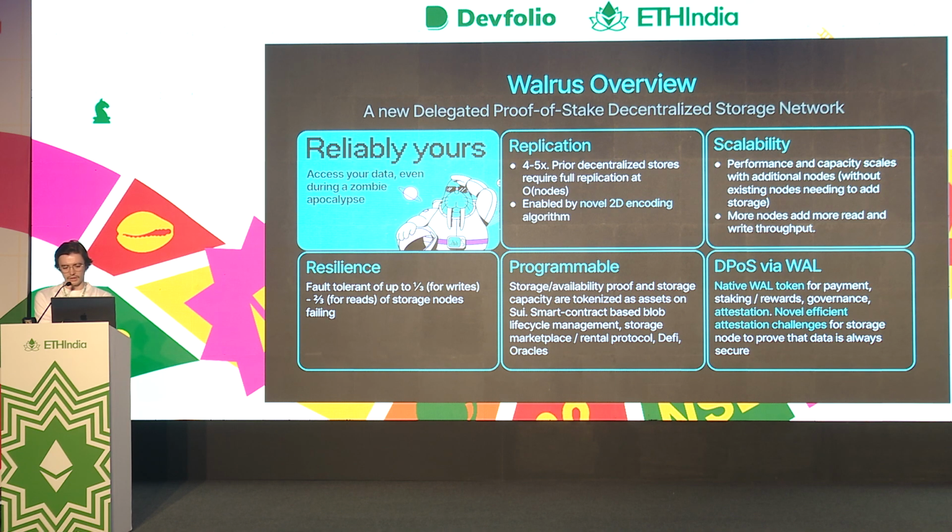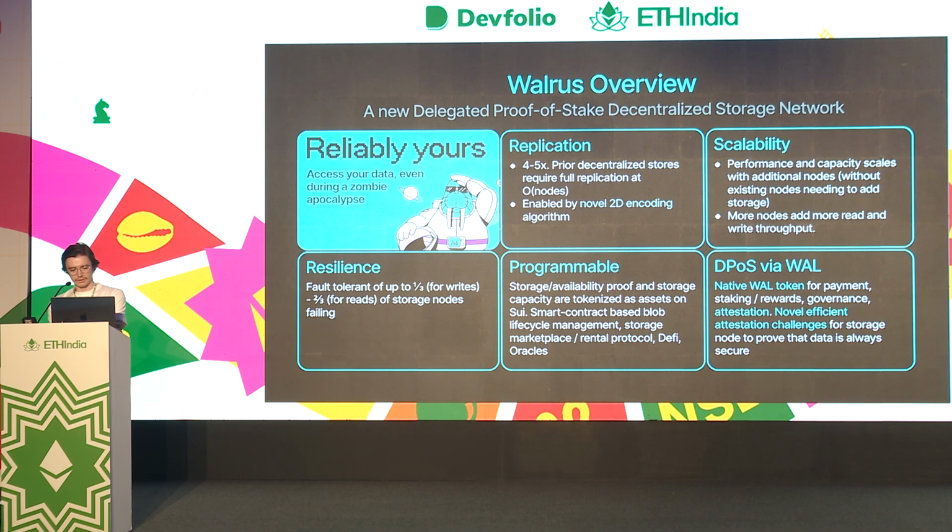So with our novel encoding algorithm, we are much more cost effective as far as storage goes than other decentralized networks that have to do full replication, but we're also a lot more resilient than networks that use other methods of sharding the data.